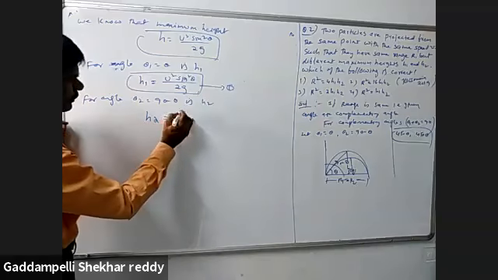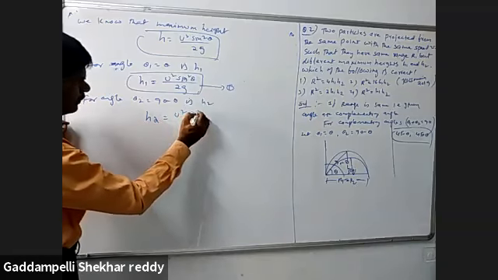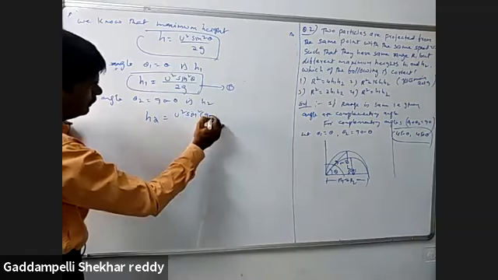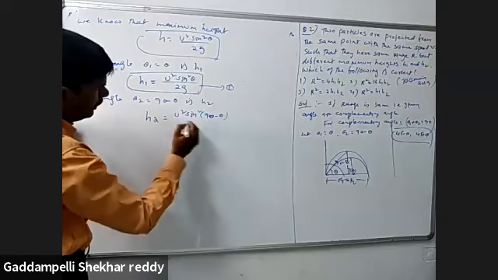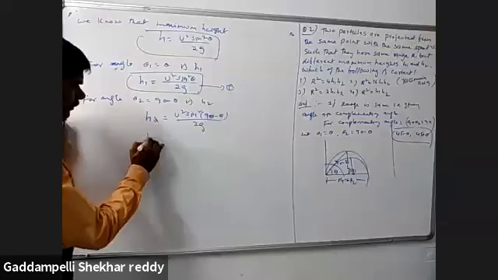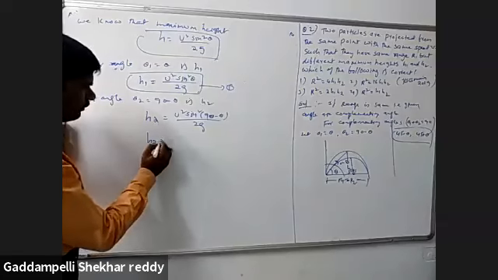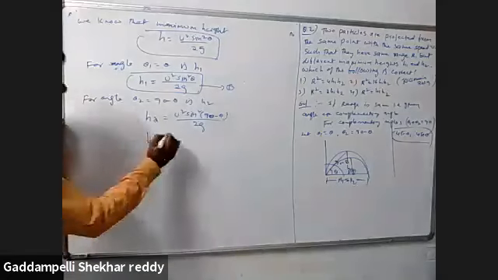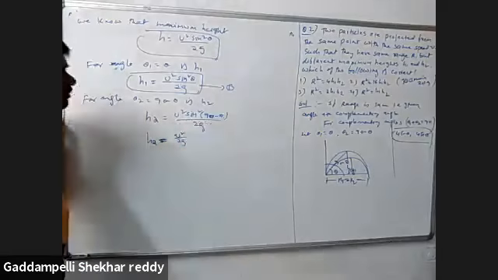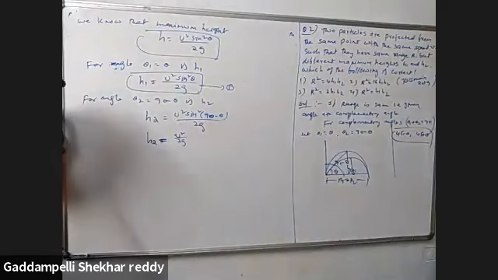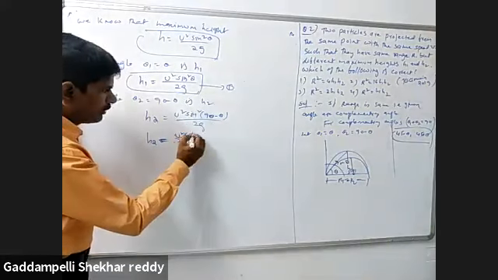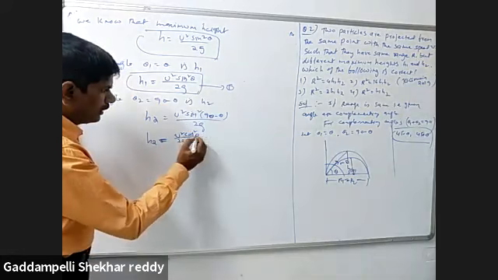So h2 is the same thing: u square sin square of 90 minus theta by 2g. Here sin of 90 minus theta is in the first quadrant, so sin becomes cos, which gives cos square theta.